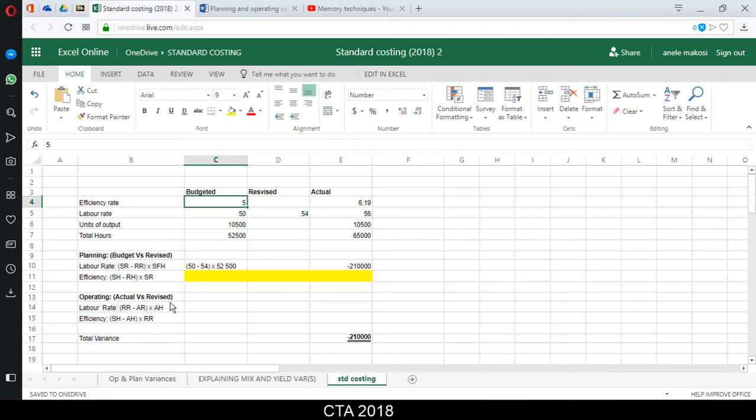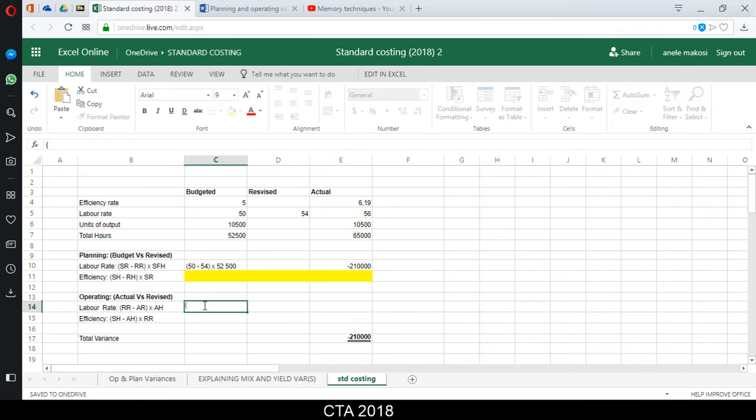Coming here now, the operating variance. When we calculate the operating variance, we compare the actual results and the revised budget. So if we look at the labor rate variance under operating, we're going to look at the revised rate, which is 54, and compare it with the actual rate, which is 56. Then we're going to multiply by the actual hours.